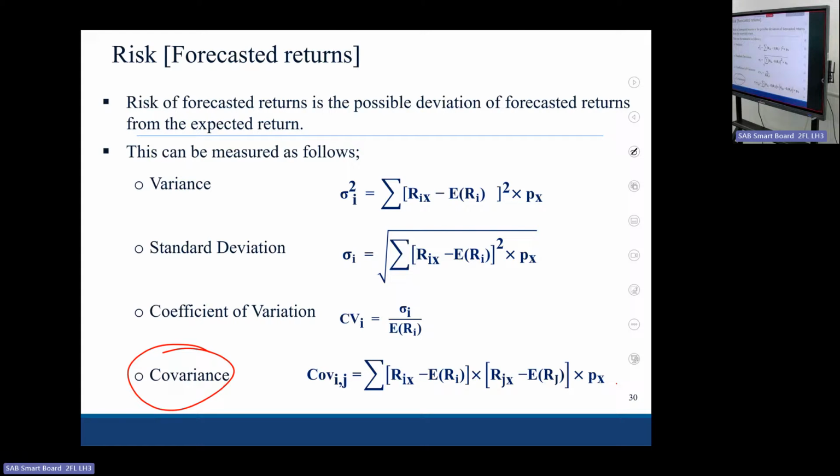When Y is increasing, it implies that its risk is increasing. So when you combine these two stocks as a portfolio, there is a risk-return trade-off. So you can get some risk diversification.